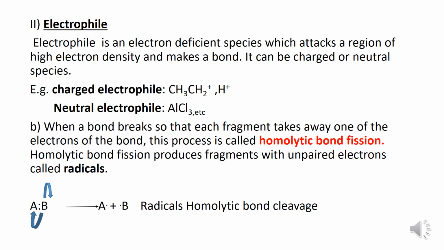One electron will move to one fragment and the other electron will move to the other fragment, and there will be no formation of charged species. Rather, there is formation of fragments or species with one electron, which are called radicals.